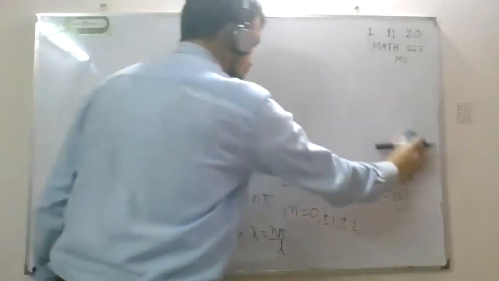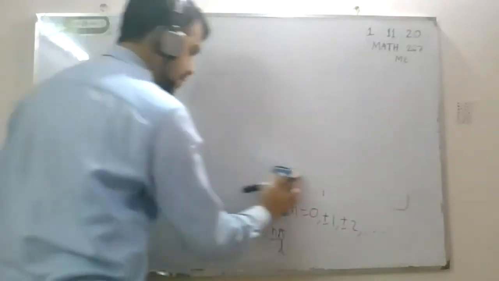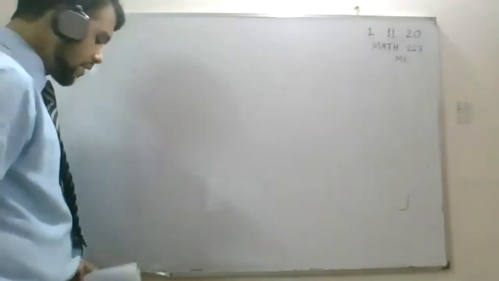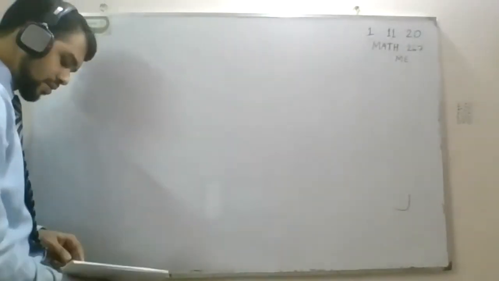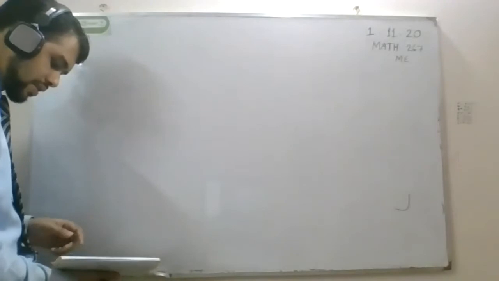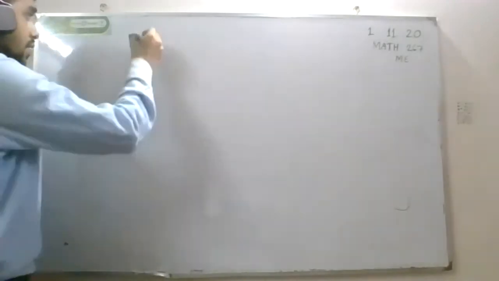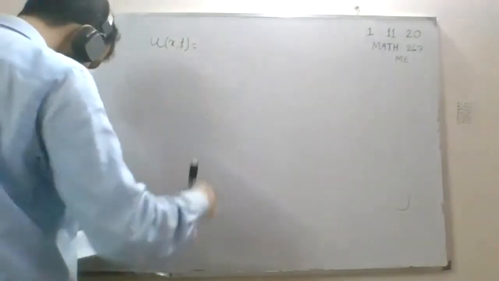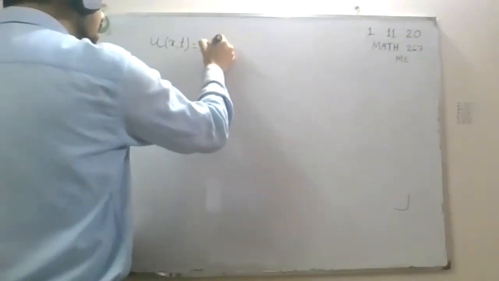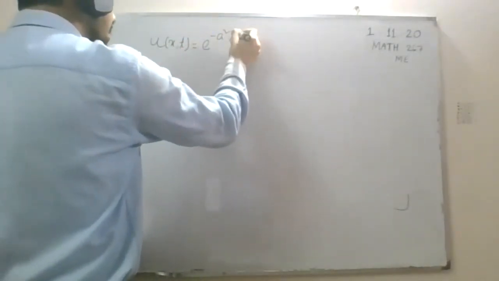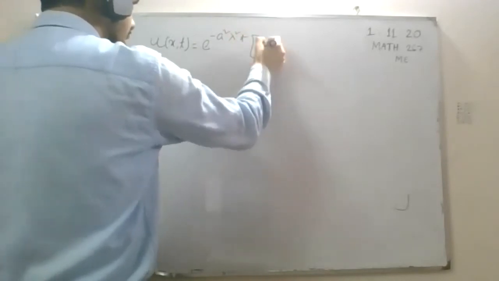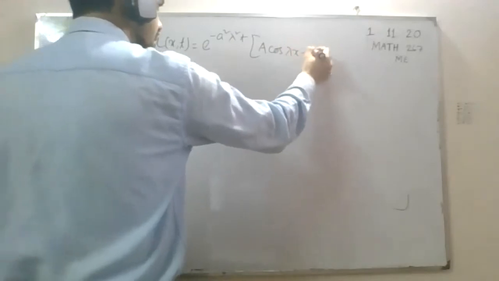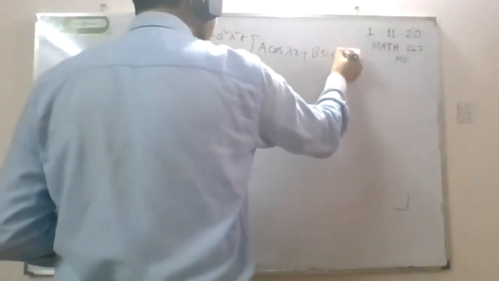Now what we have to do? Just only put those values in your equation, which is, okay, our equation is u(x, t) equals e to the power minus a square lambda square t, A cos lambda x plus B sin lambda x.